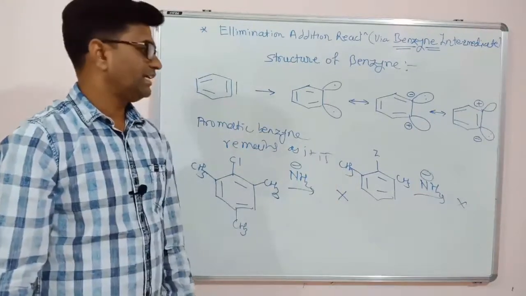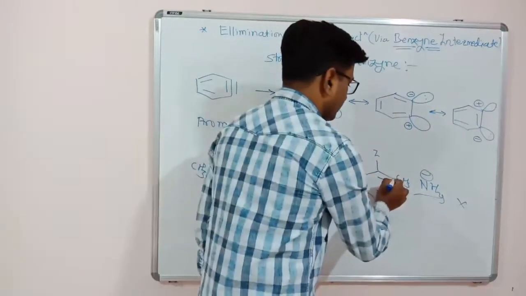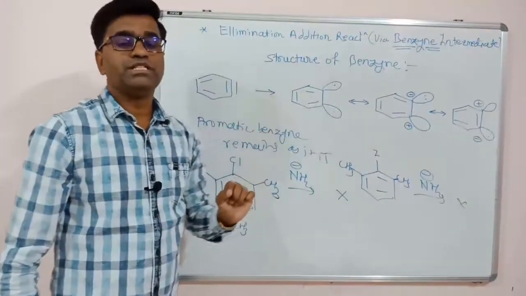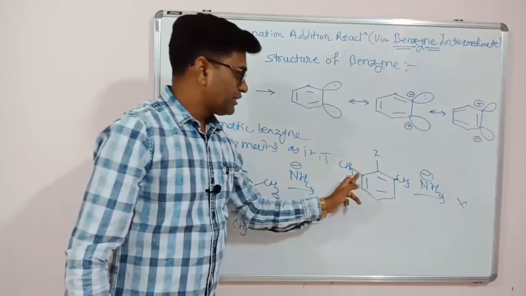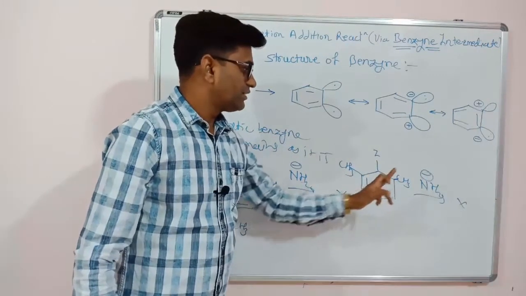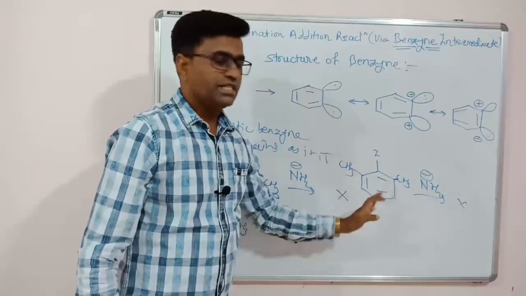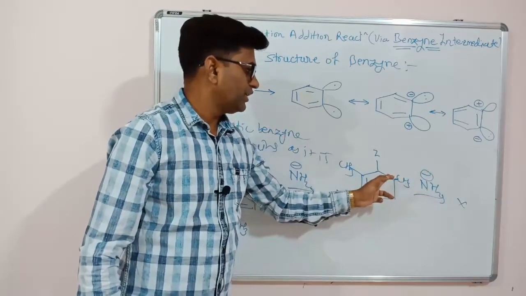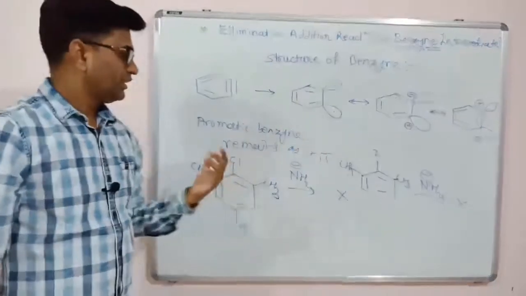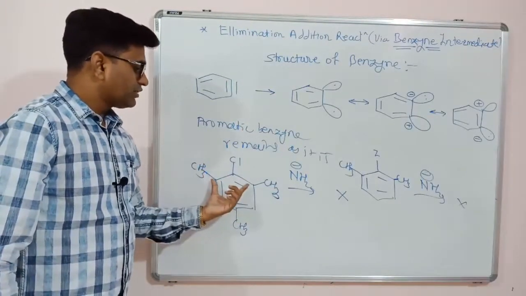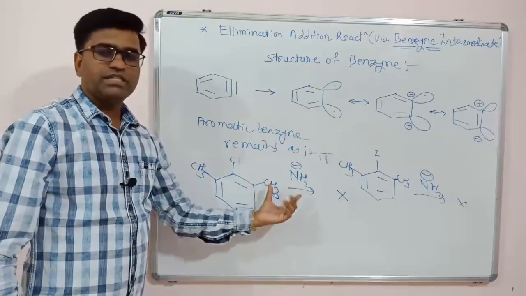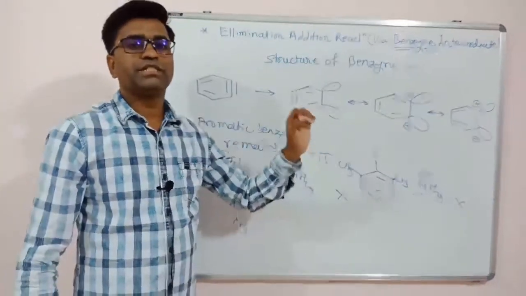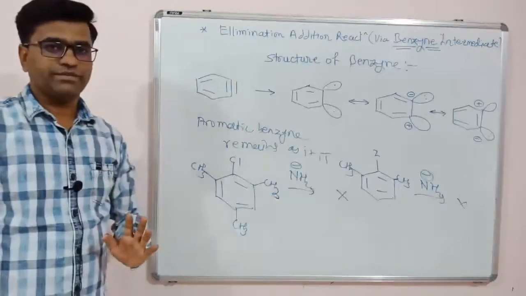That clearly indicates that we require an ortho hydrogen to form a benzyne. In the absence of this ortho hydrogen, there is no chance to form the benzyne intermediate, because the base won't find a proton to abstract. That's why if ortho substitutions are there, benzyne is not forming. That is a proof that benzyne intermediates are formed within the reaction.